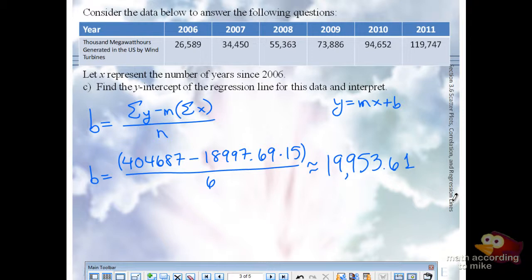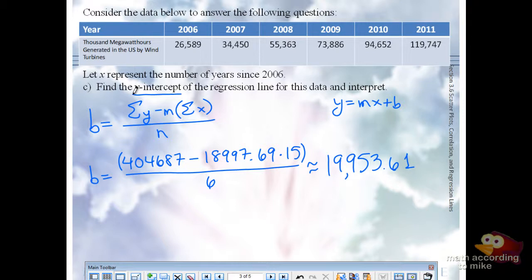Now we're about to see the bad thing. At best, these are all approximations. And in fact, this is not a great approximation because a y-intercept occurs when x equals 0. When x equals 0, what year are we in? 2006.